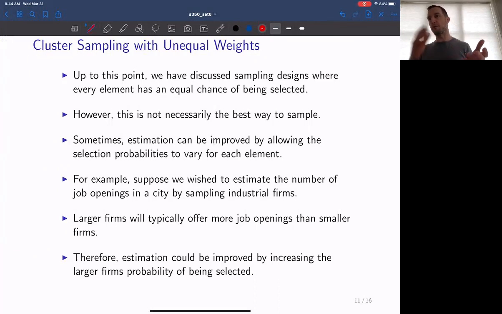We have assumed that the probability of selecting each of the clusters is the same in our study of cluster sampling. So if you have, say, 10 clusters available to you and you select 3 of them, each of those clusters has the same probability of entering the sample. But we can take the idea that we have just established and we can essentially give each cluster a different weight of being selected.